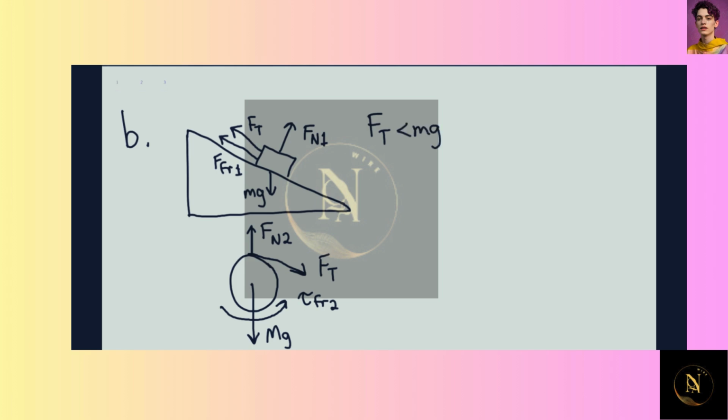We also know that mg must be less than 0.1 capital Mg due to the difference in masses. So we can say that then force tension would be less than 0.1 mg.